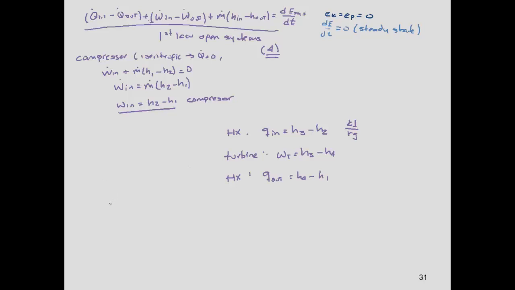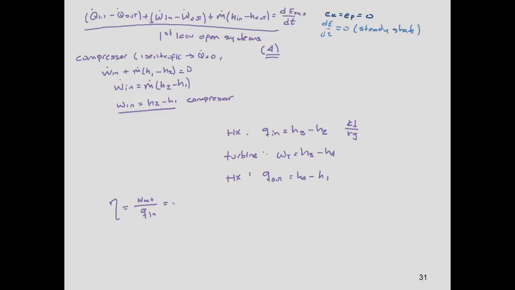The efficiency will be the same as for every cycle that we have defined: what we would like to get, which is the net work, divided by what we need to give, which is Q in.